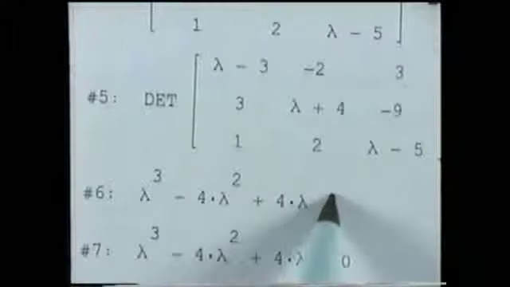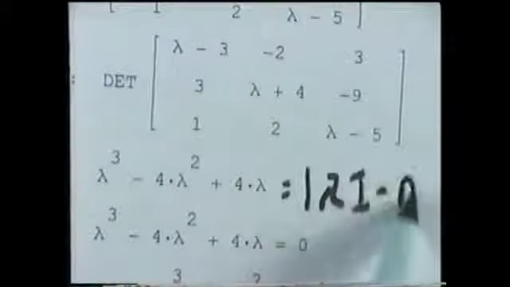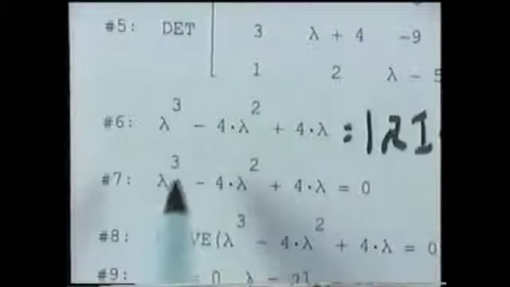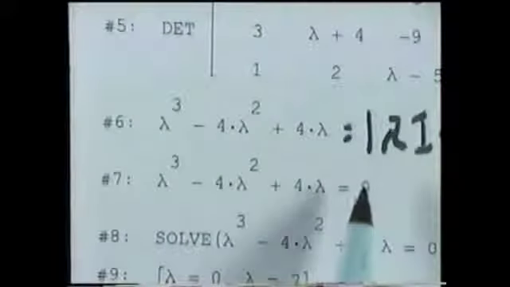So this is the determinant of lambda I minus A when I told it to simplify. I set the determinant equal to 0 to get the characteristic equation. So I have lambda cubed minus 4 lambda squared plus 4 lambda is equal to 0.